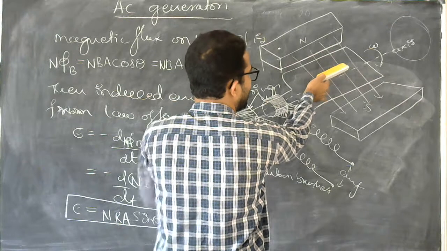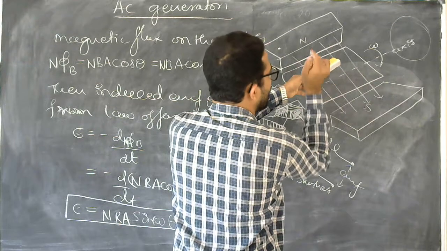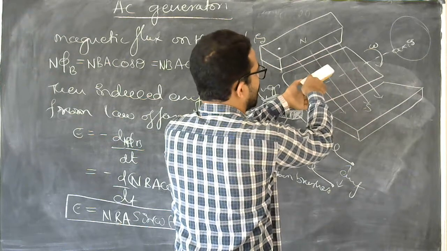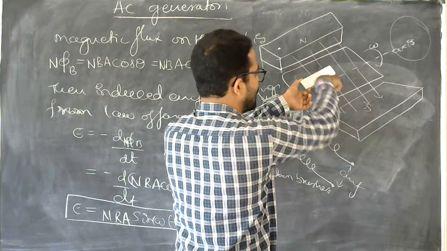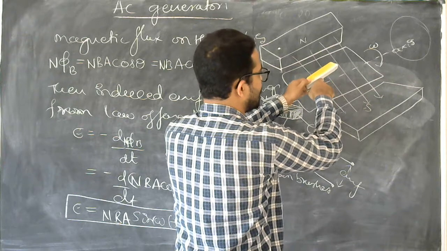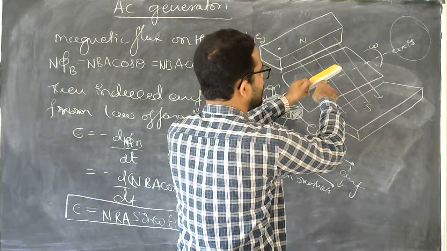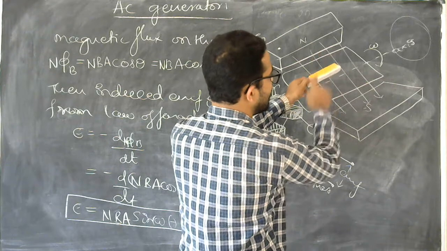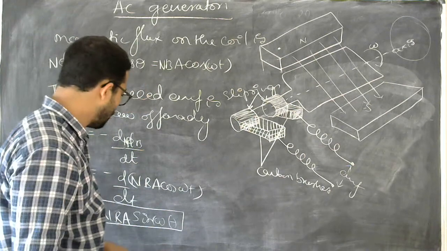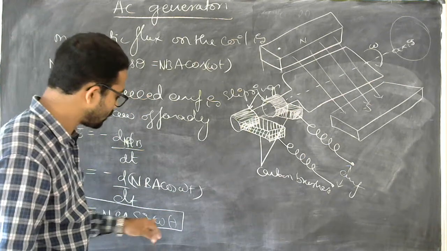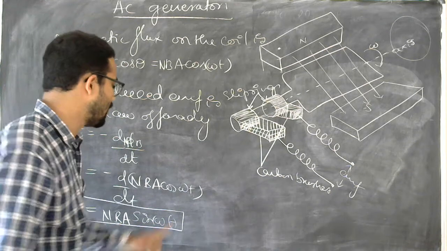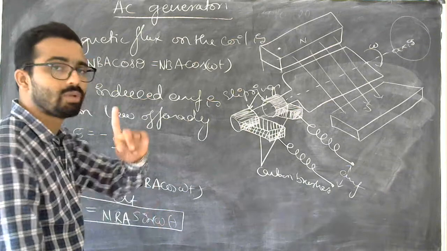The angle formed between this area and the direction of the magnetic field, this was the area, and if you take it like this, the angle formed here is 90 degrees. If the angle is 90, what do you get? E is equal to NBA sin ωt, and sin 90 means 1, the maximum.